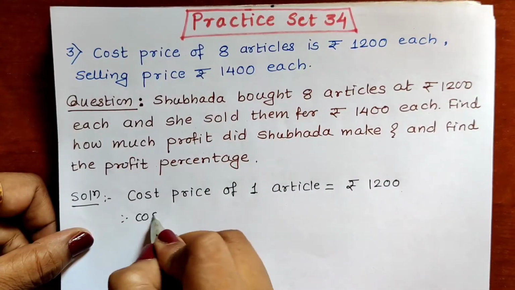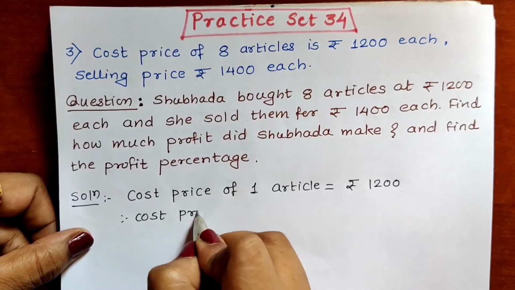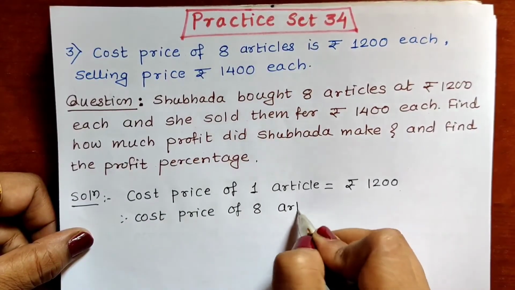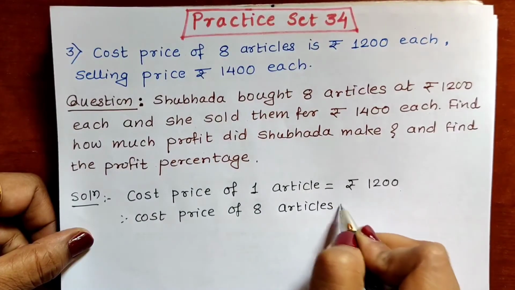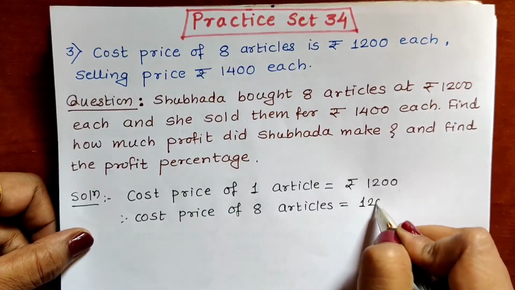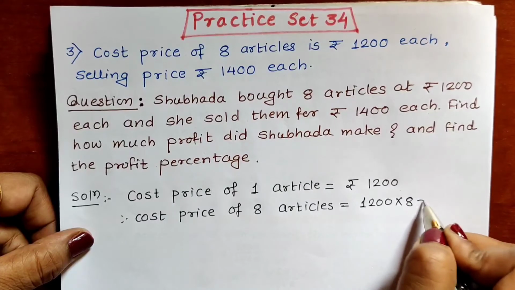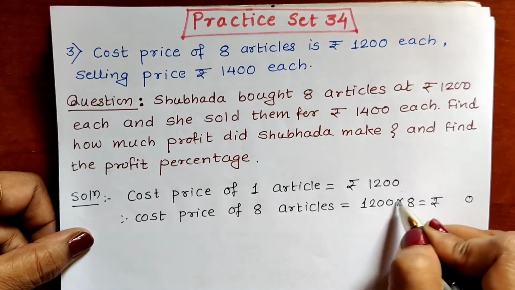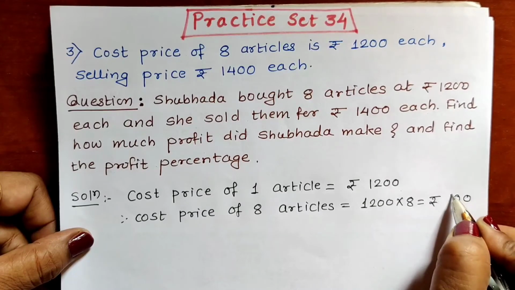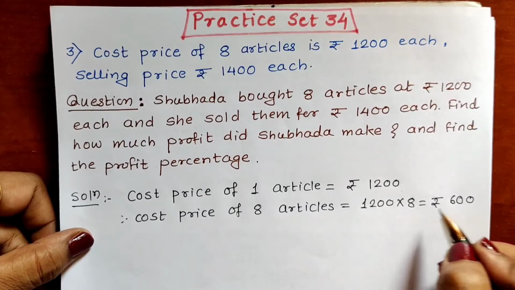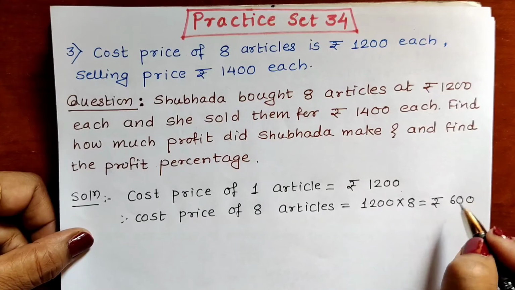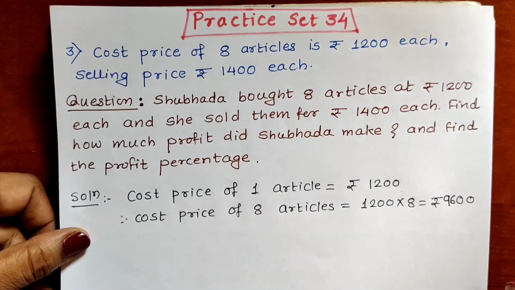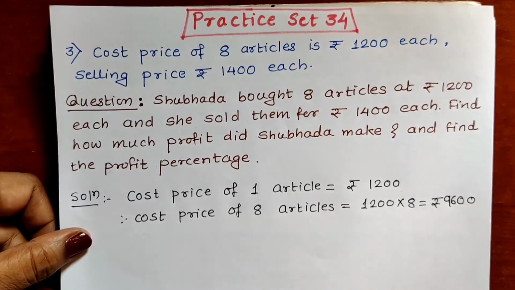Therefore, cost price of 8 articles: 1200 multiplied by 8. What will be the answer? 8 zeros are 0, 8 zeros are 0, 8 twos are 16, 6 written, 1 carried, 8 ones are 8, plus 1, 9. 9600 is the cost price of 8 articles.